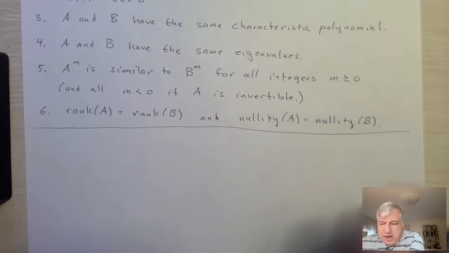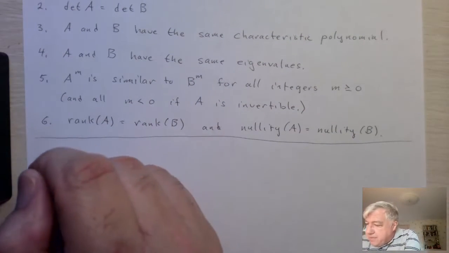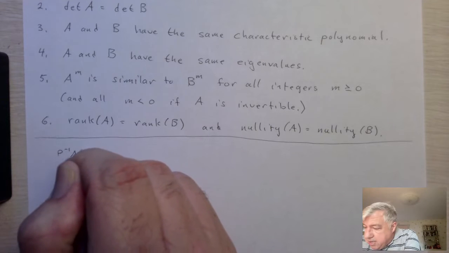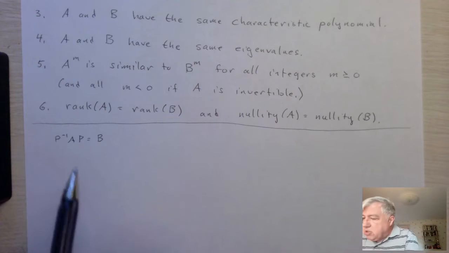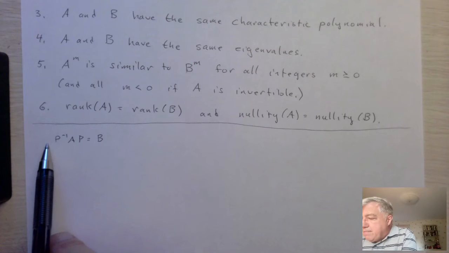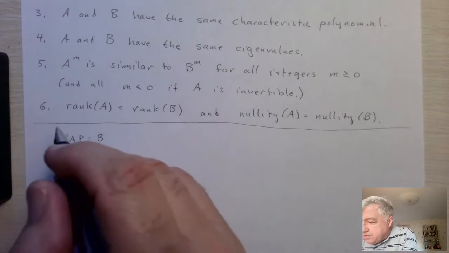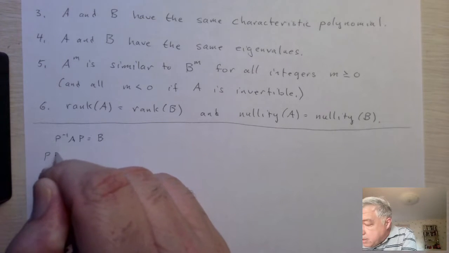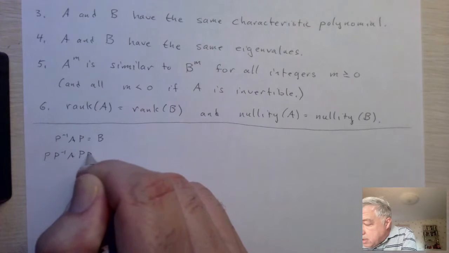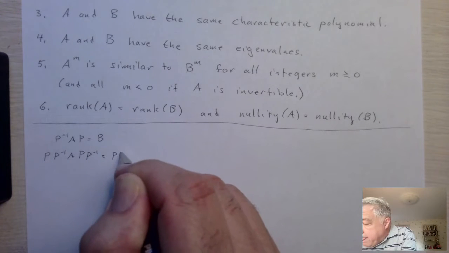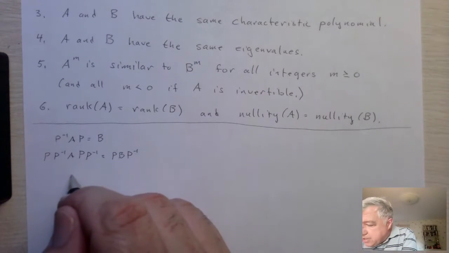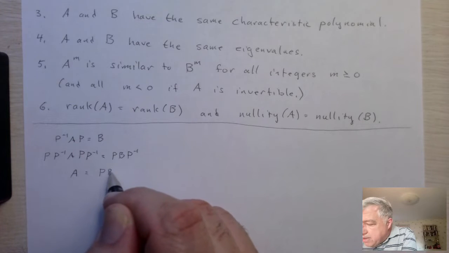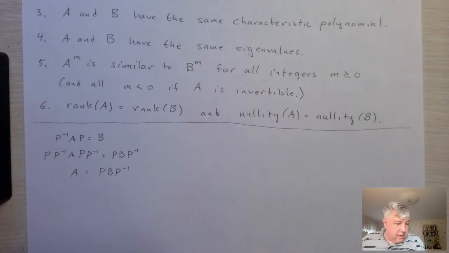First of all, if A is similar to B, then P inverse AP is equal to B. We can multiply on the left by P and on the right by P inverse. Then these cancel and these cancel, and we just get A is equal to P B P inverse.